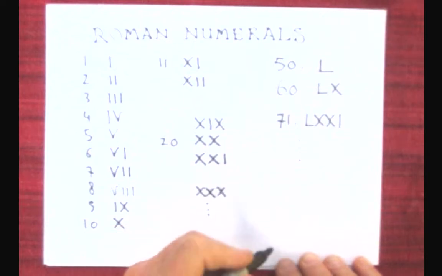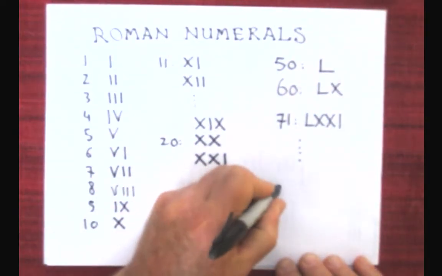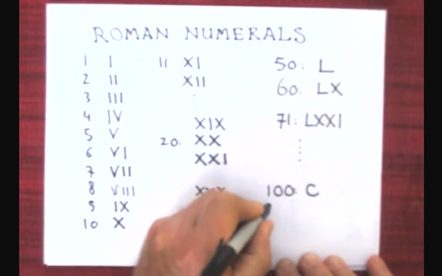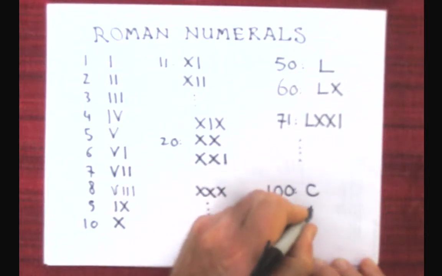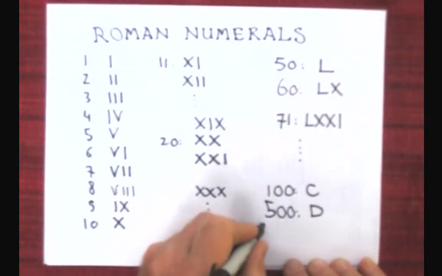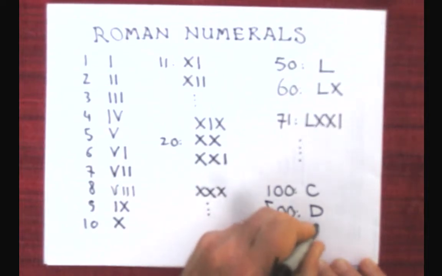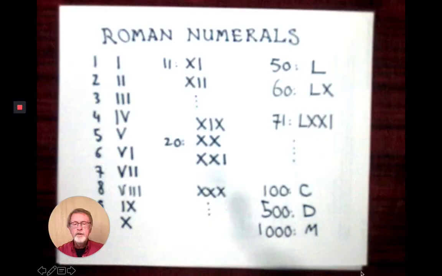And by the time you get to 100, there is a new symbol, 100, C. 500, a new symbol, D. 1,000, a new symbol, capital M, etc. So that's how you write Roman numerals.